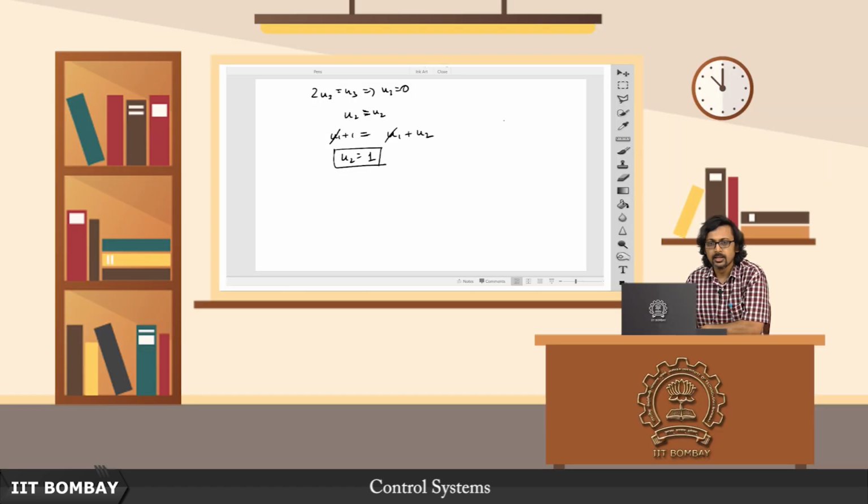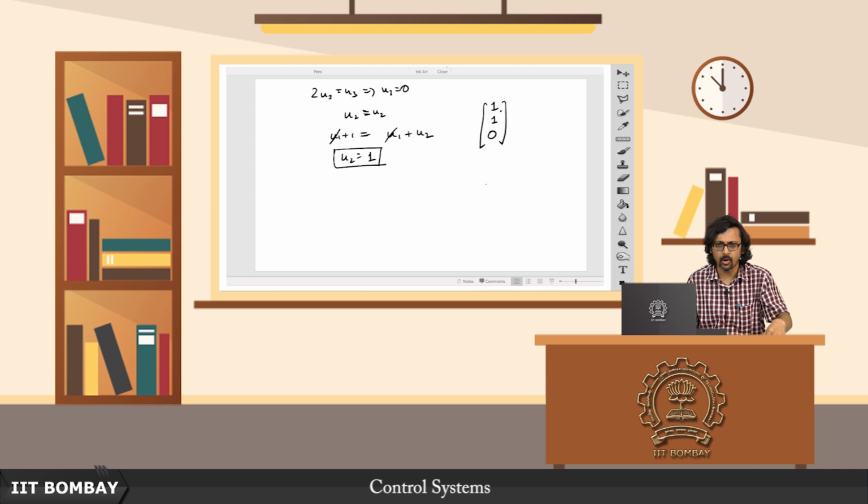U1 is still free. Now I got U3 is equal to 0, and U2 has to be 1, so this is what the second entry is, and I can choose U1 to be anything I please. I can choose it to be 0, I can choose it to be 1. So let me choose it to be 1.